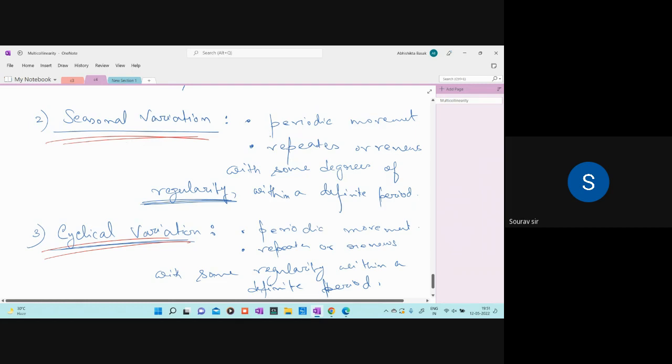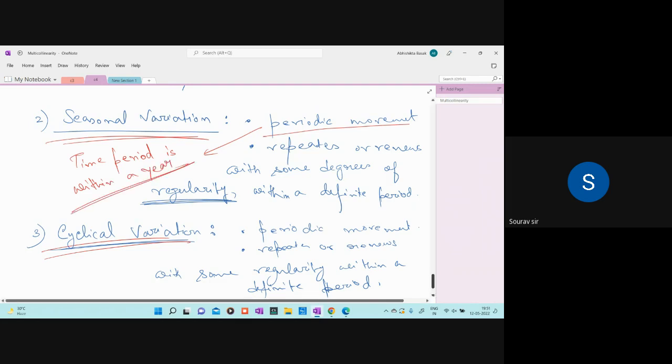In seasonal variation, this periodic movement, the time period is basically less than 1 year, that is, it moves within a year. The time period is within a year. You can write like this, it is within a year.